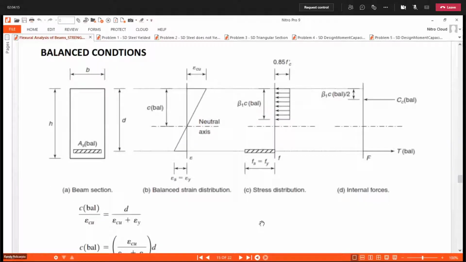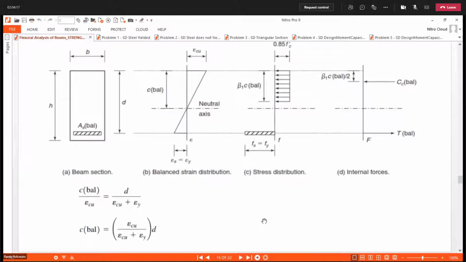So at balance condition, this is our diagram.